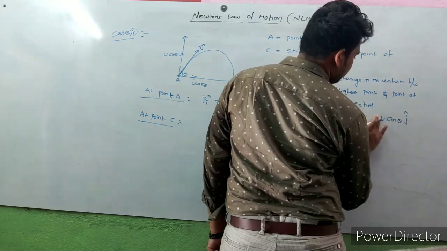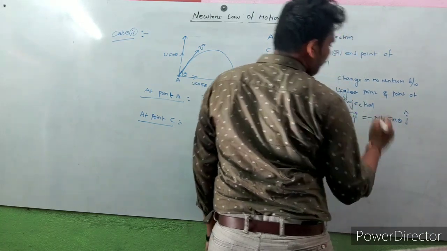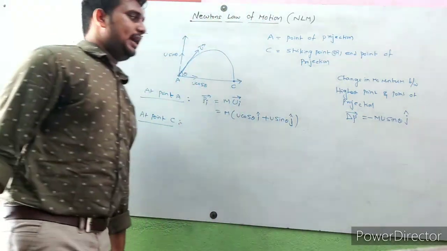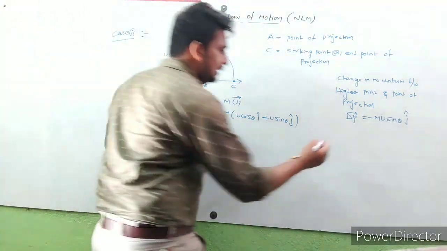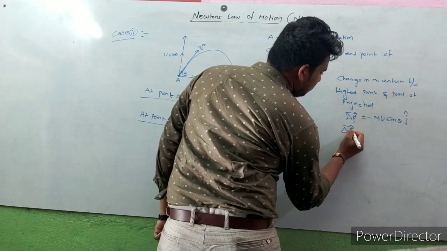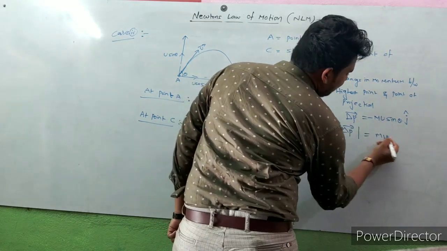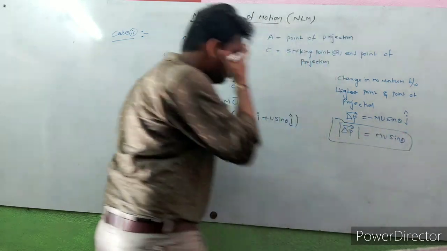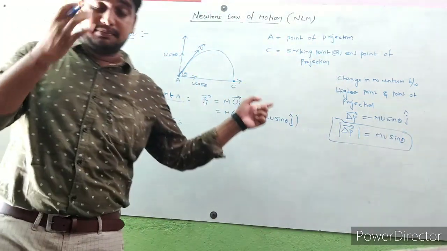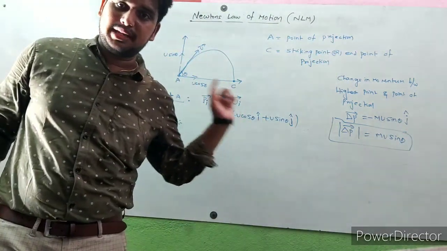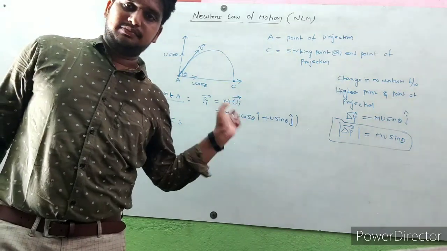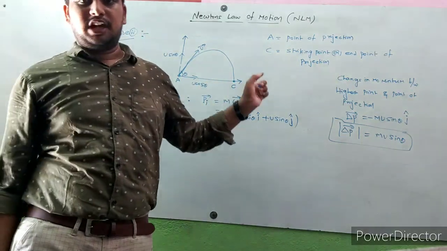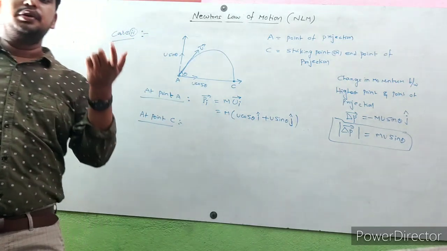Here m is also there, because momentum means m into velocity, so delta p bar is equal to minus mu sin theta j cap. Simple, don't panic, just multiply m. In the previous concept just multiply m, so please rectify that. I missed that m value, because momentum means mass into velocity.